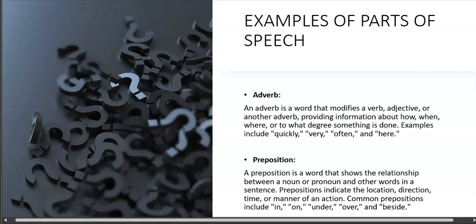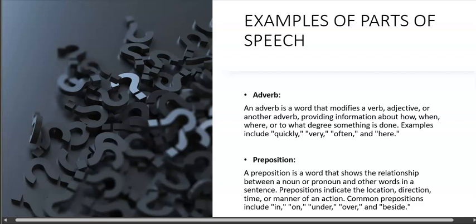Okay, then the next category we have is called the preposition. Prepositions are just words that show the relationship between a noun or a pronoun and other words in a sentence. For example, you have a noun like maybe Mary. Mary hid under the table. You see, it's showing the relationship between Mary here and the table.